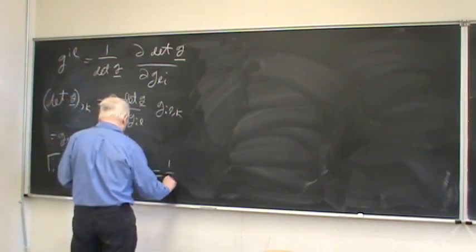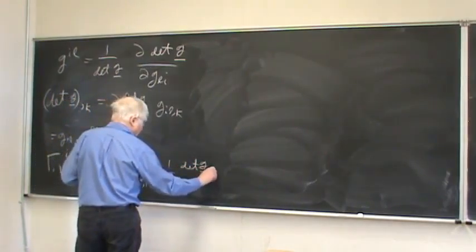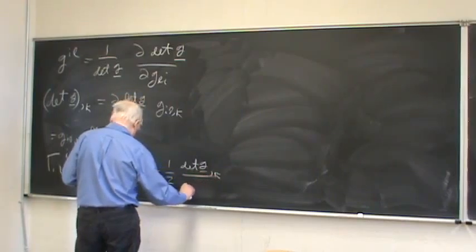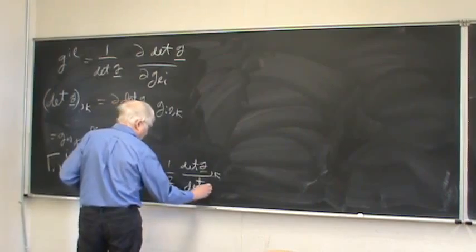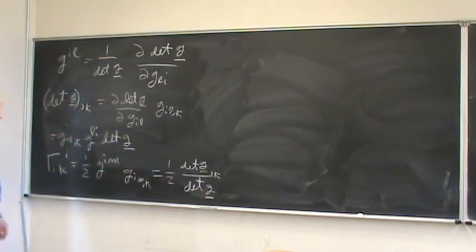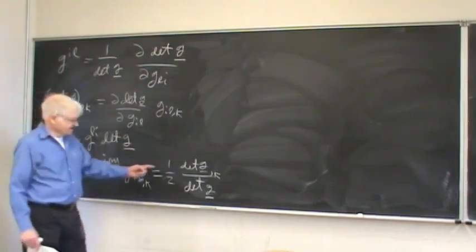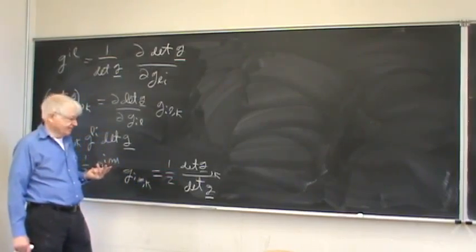So it's 1/2 the determinant of G underscore comma K divided by the determinant of G underscore. All right, so that's basically our formula, namely that the contracted connection has this simple form in terms of the determinant of the metric tensor.